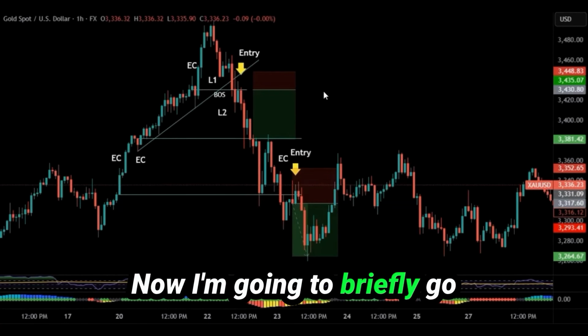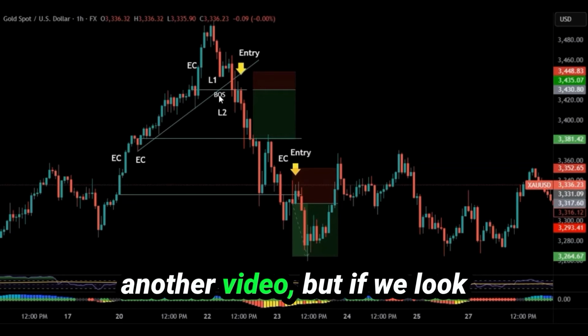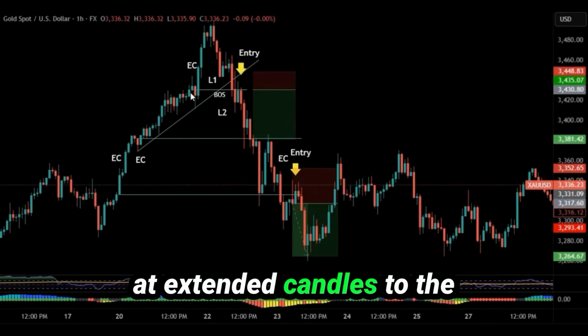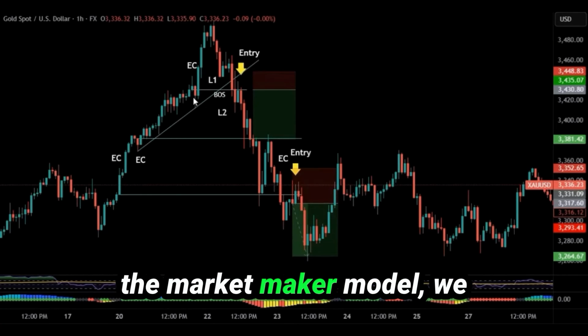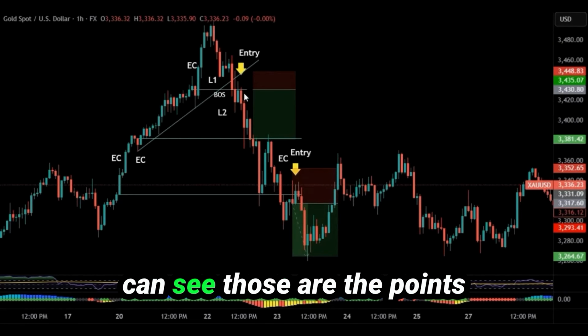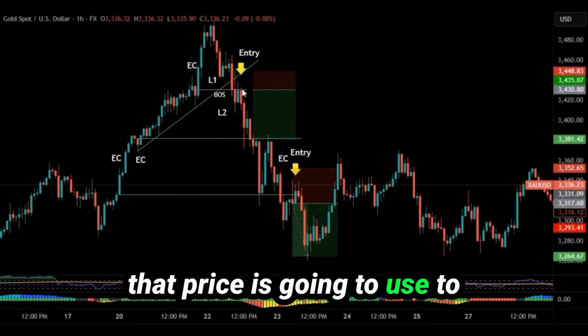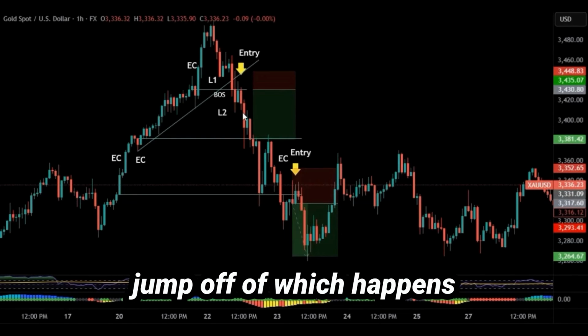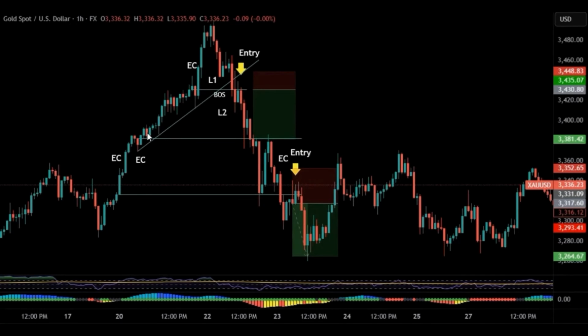Now I'm going to briefly go into an idea that I'll cover in another video, but if we look at extended candles to the left of price action as part of the market maker model, we can see those are the points that price is going to use to jump off of, which happens here, which happens here, and happens here.